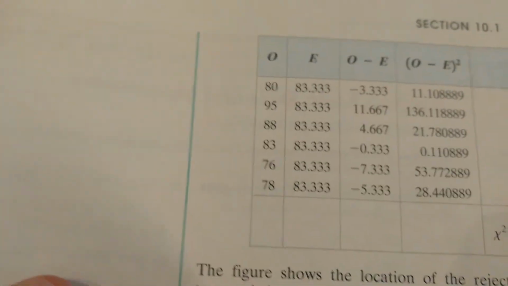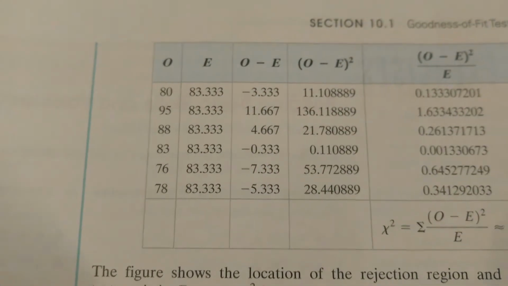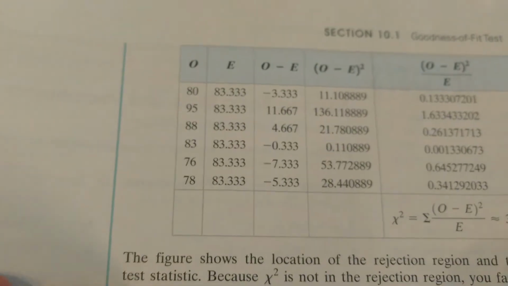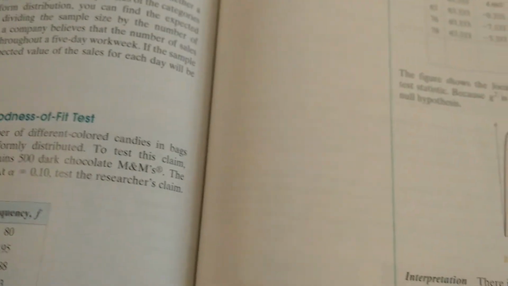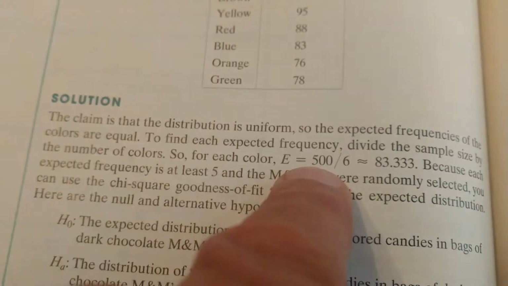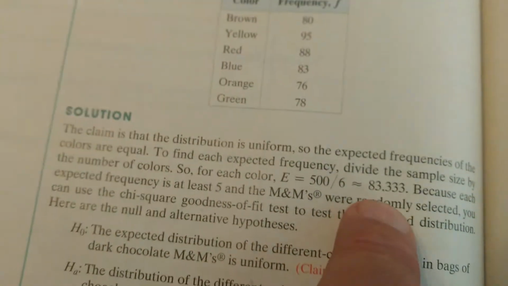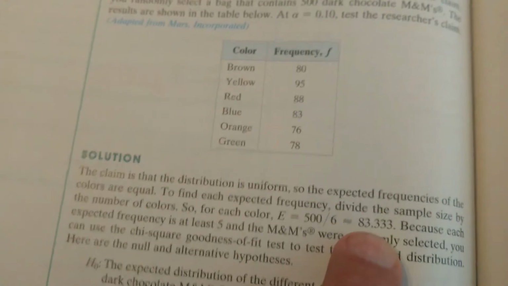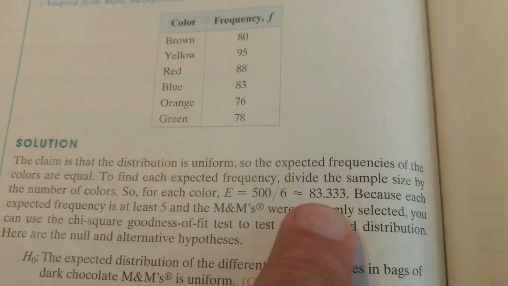Because they were uniformly distributed, if we divide 500 by 6, we find out that there should be 83 1/3 of each color in the dark chocolate bag.